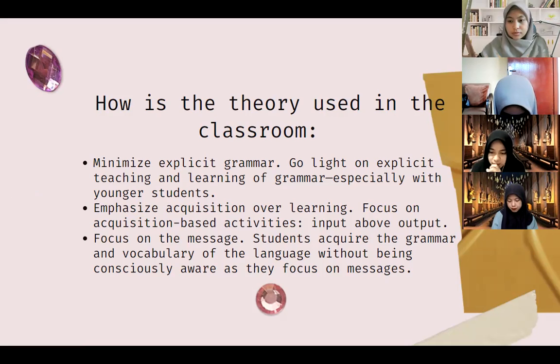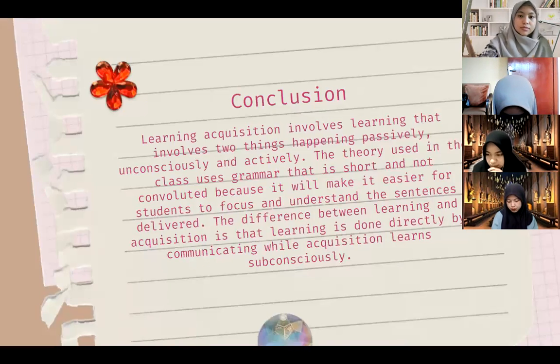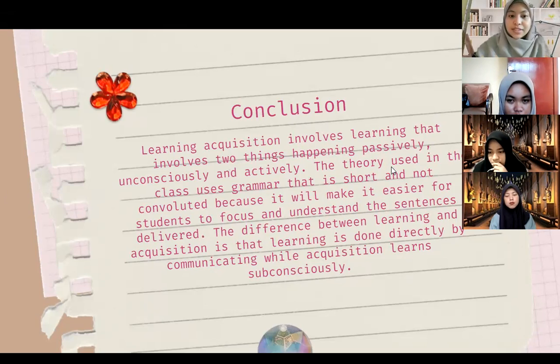The next slide will be explained by Rissa. Rissa, the screen is yours. Okay, thank you, moderator. Conclusion of the material: learning and acquisition involve two things happening, passively and unconsciously, and actively.